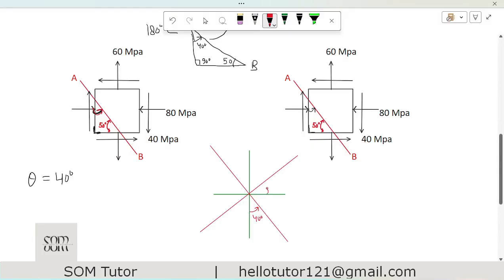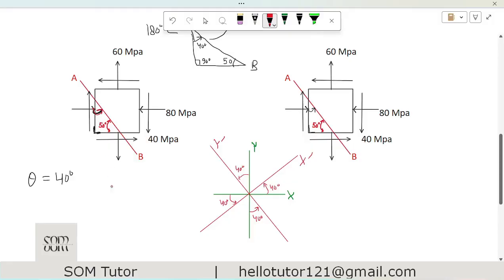If it is 40 degrees, it means this is also going to be 40 degrees, and this is also going to be 40 degrees, one after the other. The alternate angles are all equal and all in the same direction. So this is our original x-axis, this is our original y-axis. Now this x-axis got transformed by 40 degrees, so this is our x prime axis, and this y-axis got transformed to this, so this is our y prime axis.